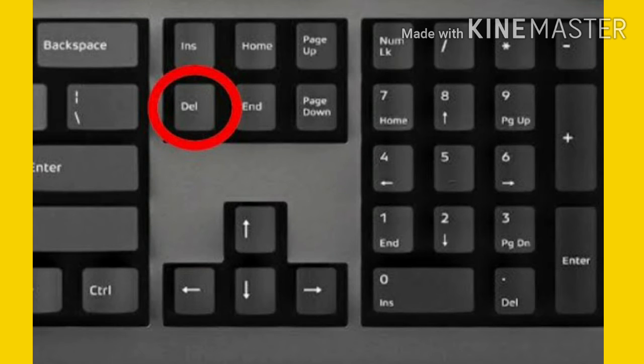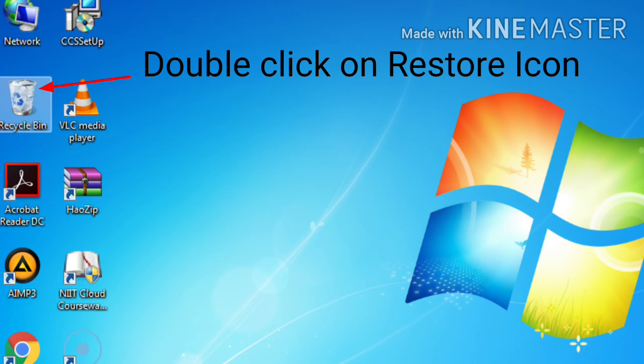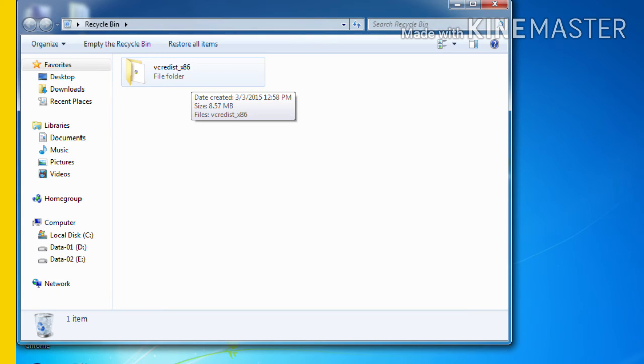The next is restoring the deleted icon. By mistake, if you deleted an icon, you can restore it too. How? First, double click to open the recycle bin. Here you can see the recycle bin icon. Double click on it and a window will open. From that, find the deleted icon. Here my deleted icon is.